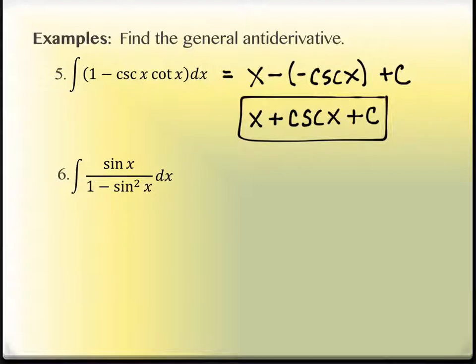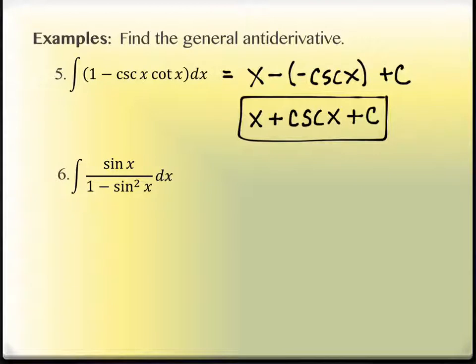Okay. The next problem looks like what? Looks like a quotient, right? But there is no quotient rule for antiderivatives. Derivatives, yes. Antiderivatives, no. So we cannot try to do this as it's currently written. We need some trig in order to change this expression to actually be something we can work with.